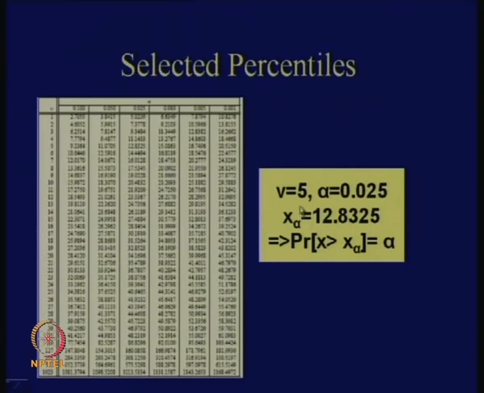Suppose v is equal to 5 and v is an integer. Then, like the normal distribution, we have values like alpha equal to 0.025 and x alpha equal to 12.8325. It means that the probability of x being greater than x alpha is equal to alpha. So in 2.5% of the cases, x is greater than x alpha.